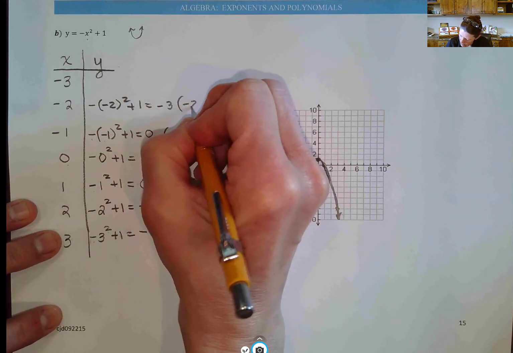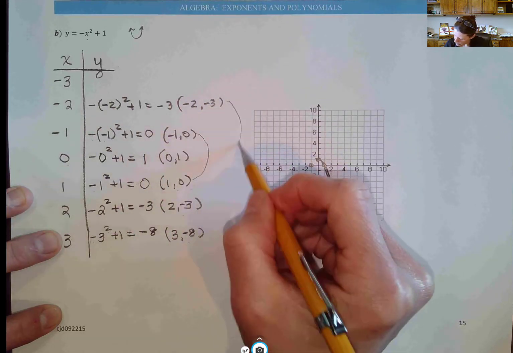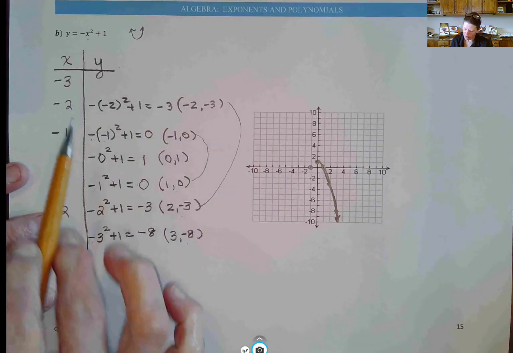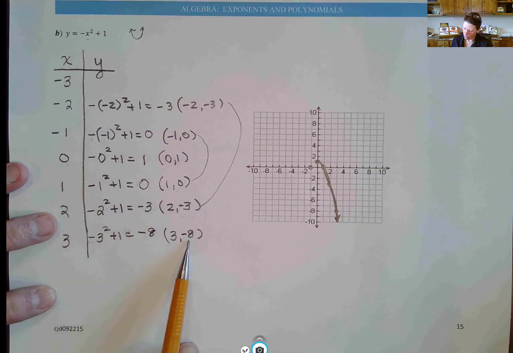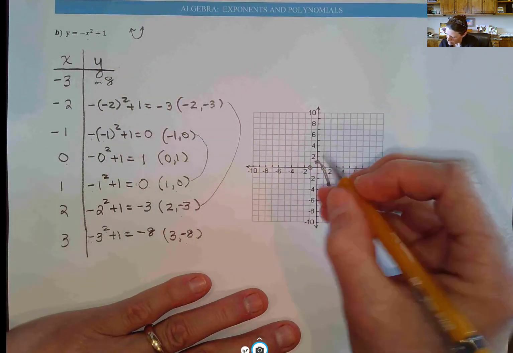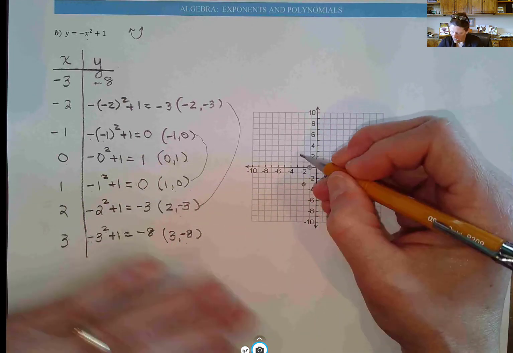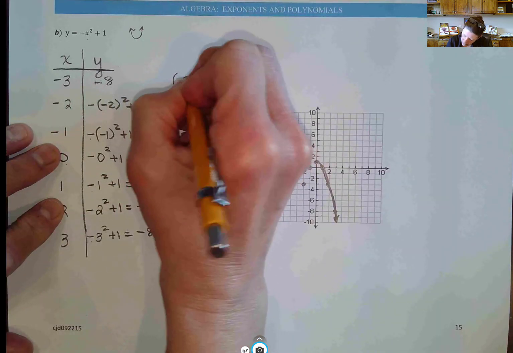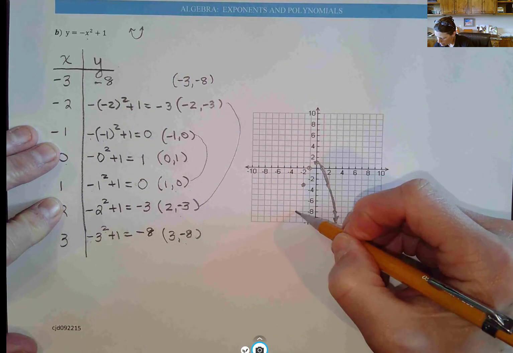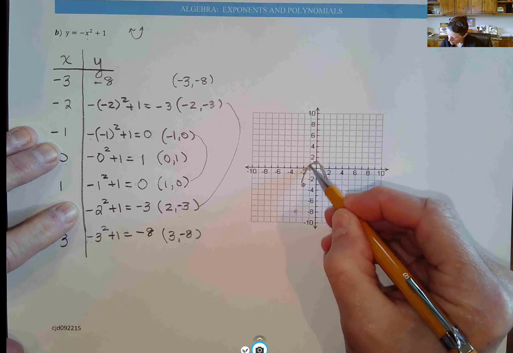Let's wrap this up, okay? Negative 2, negative 3, and there's our sister point there. And I'm pretty sure I know what's going to happen. If we substitute negative 3, we're going to get a negative 8 there. Okay, plot our last 2 points. Negative 2, negative 3, and negative 3, negative 8. And we see that symmetry involved.